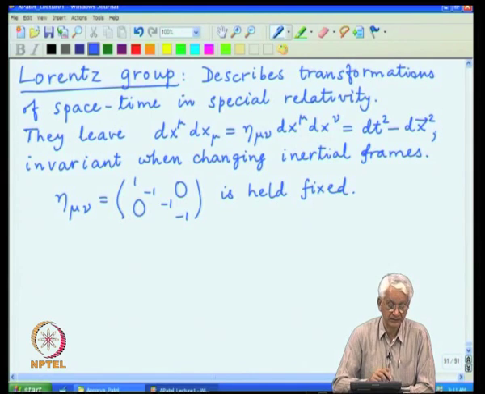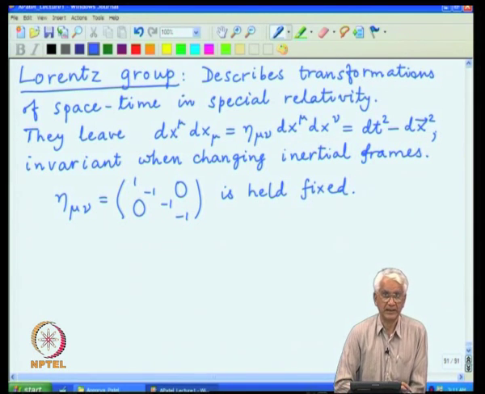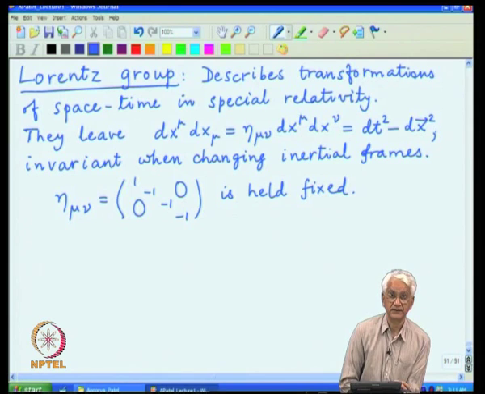So, in all the frames the metric has the same particular value. So, such transformations are the set of elements that form the Lorentz group.